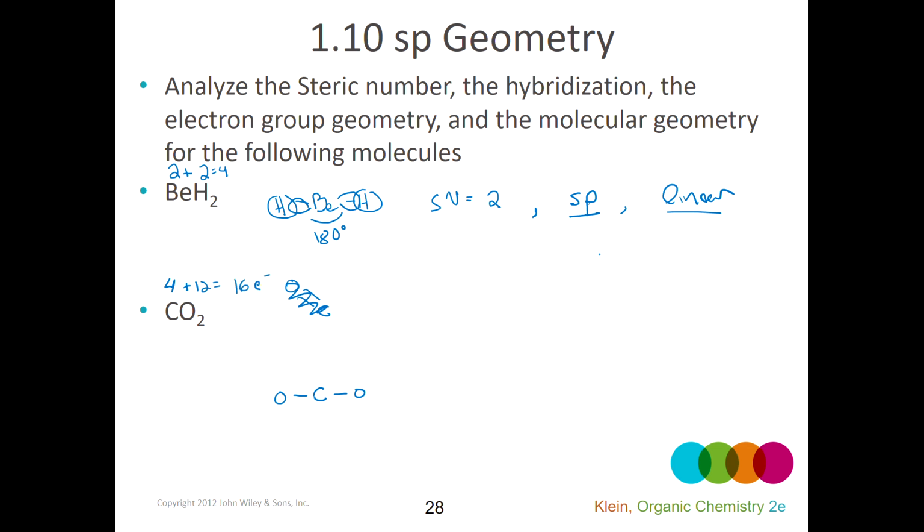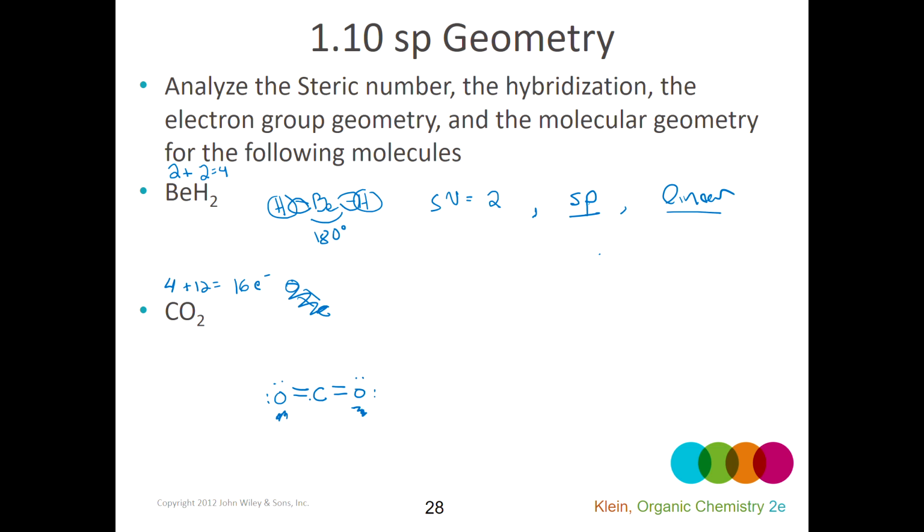I only need 4 to make the 2 bonds initially, so I've got 12 left. So 2, 4, 6, 8, 10, 12. I've got enough to fill the noble gas configurations for the oxygen, but not the carbon. So I've got to share another couple pairs to complete the noble gas configurations for all the atoms and give them all octets.